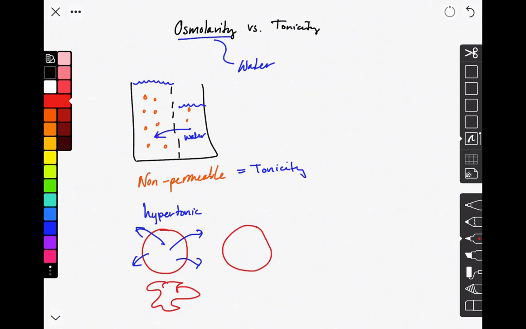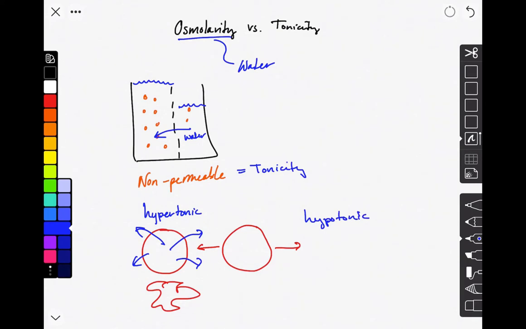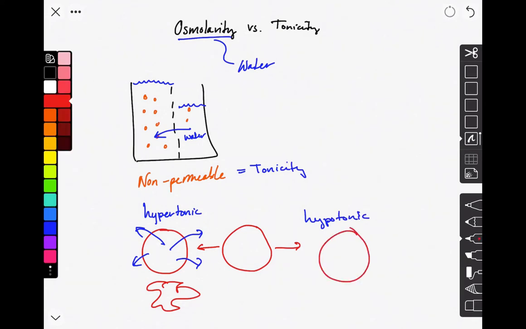If we go on the other side and instead place the cell in a hypotonic solution, this is a solution that has fewer non-permeables outside than inside, now what happens is the water rushes in.